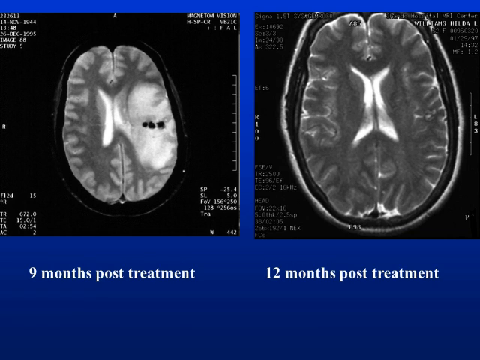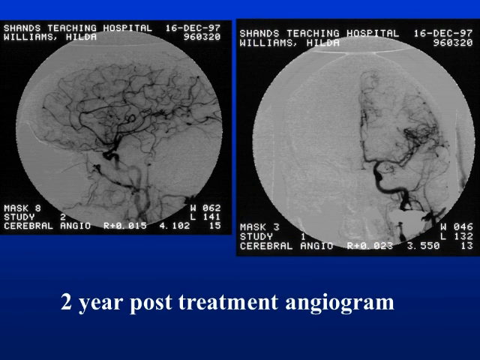Of course, the AVM is just a little tiny thing, but there's a lot of edema in the surrounding brain. We treated her with steroids for 2 to 3 months, and the edema completely resolved, and her follow-up angiogram showed no AVM. So probably if you develop a transient complication, your chance of getting a cure is actually higher.